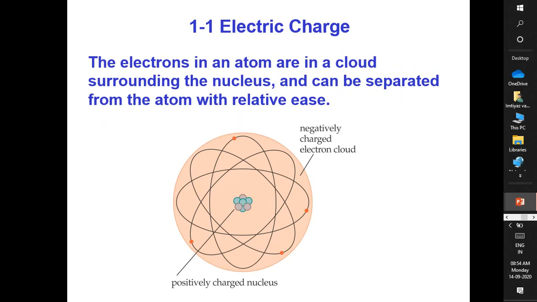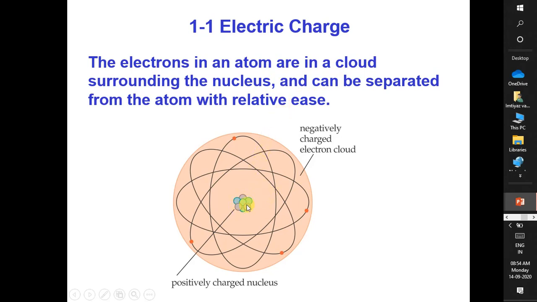Now see here, the electric charge. The electrons in an atom are in a cloud surrounding the nucleus and can be separated from the atom with relative ease. In the center there is a positive charge, surrounded by the electrons.